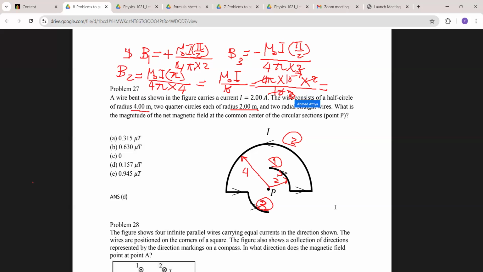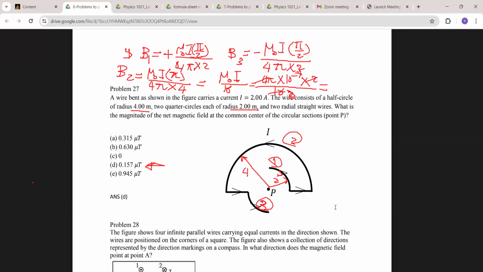So I have pi over 2 10 to the power minus 7. Pi over 2 multiplied by 10 to the power minus 7 would be 1.57 10 to the power minus 7. The answer is D.